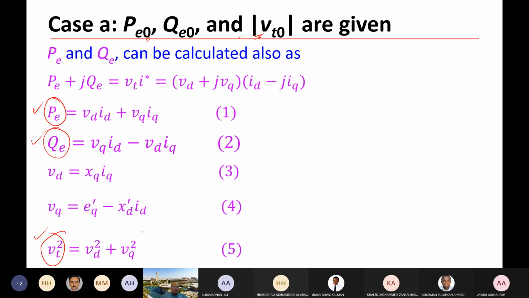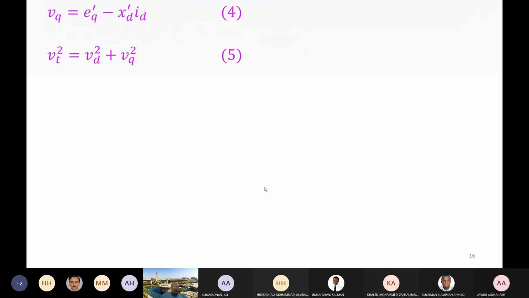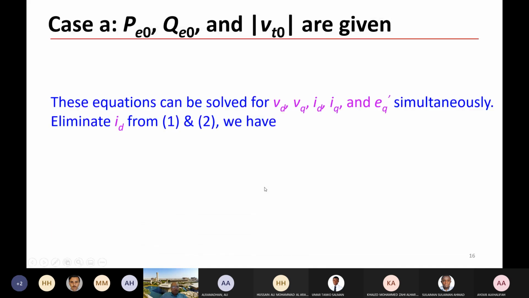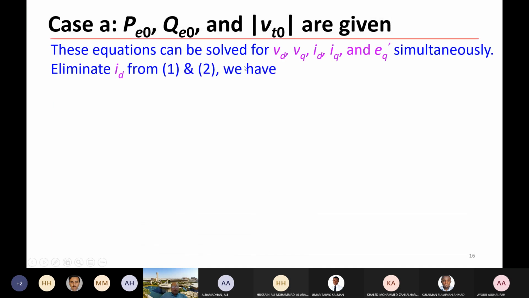So we can start substituting, manipulating VD, express it in terms of this, and VQ, replace it, and so on. In principle, you can solve these 5 equations in 5 unknowns. These equations can be solved for VD, VQ, ID, IQ, and EQ prime simultaneously.